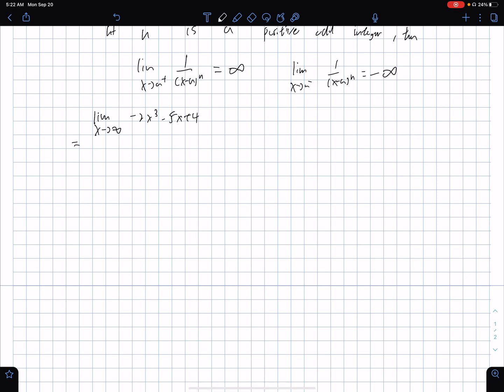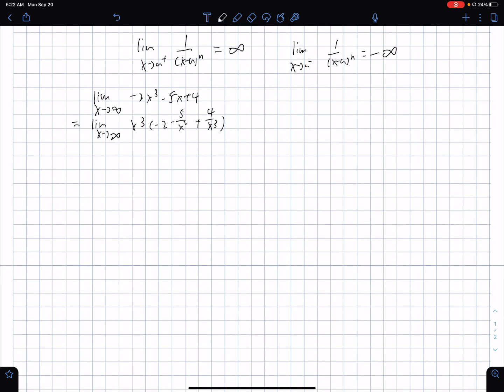Well, how do we do this? Normally we would plug in, but that would not work in this case. What we could do, however, is to first take out x cubed, and we get negative 2 minus 5 over x squared, and then plus 4 over x cubed.